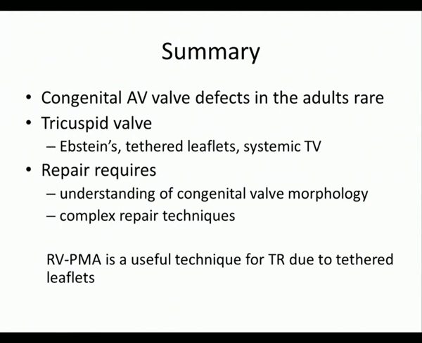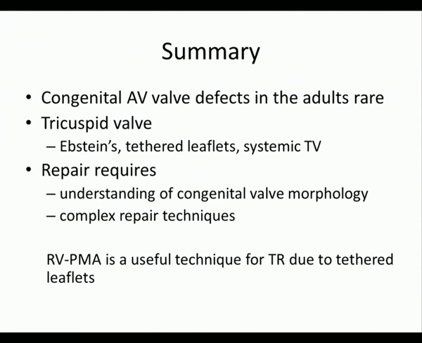So to summarize, our thinking and approach to tricuspid valve disease in congenital has in many ways been directed by not only the structural things we have to change, but also the functional aspects of these valves that we have to correct.